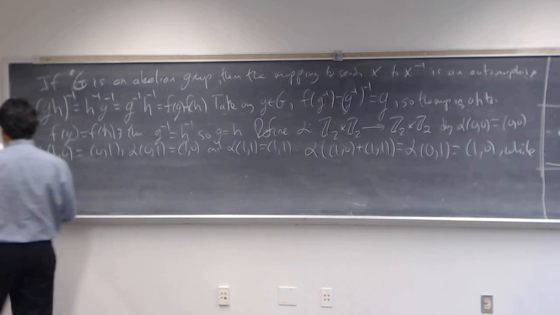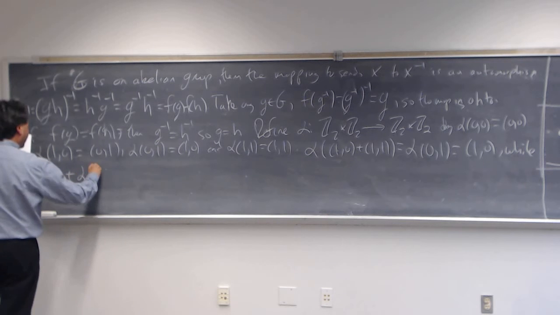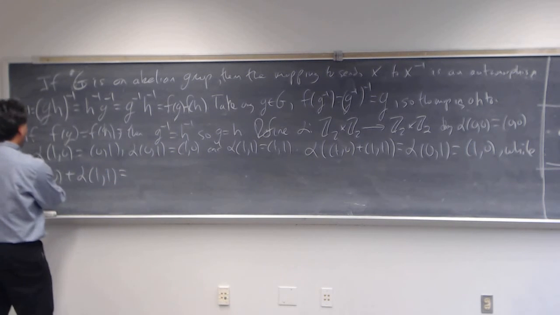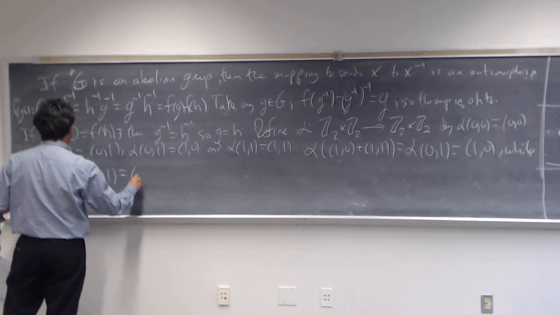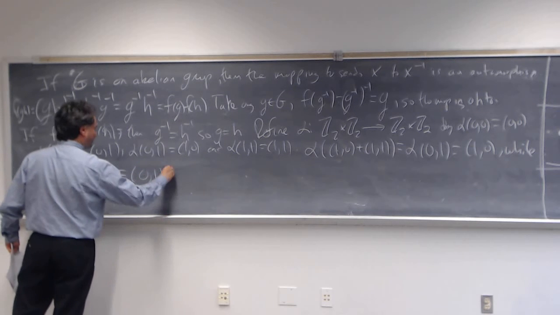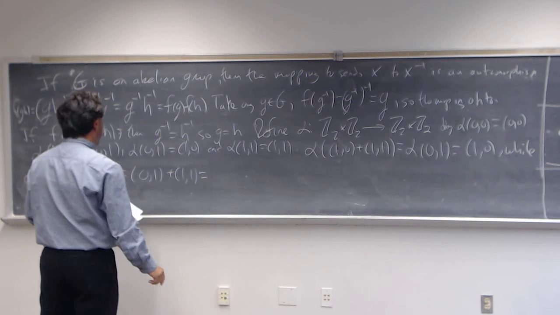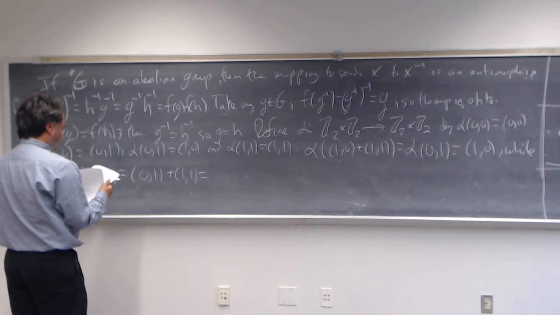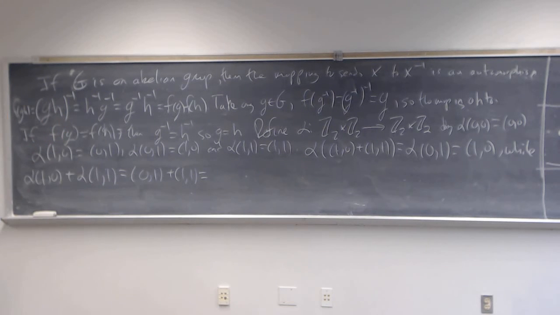While alpha of (1,0) plus alpha of (1,1): (1,1) gets mapped to (1,1), (1,0) is mapped to (0,1), plus (1,1), and that would equal, let's see, (1,0).